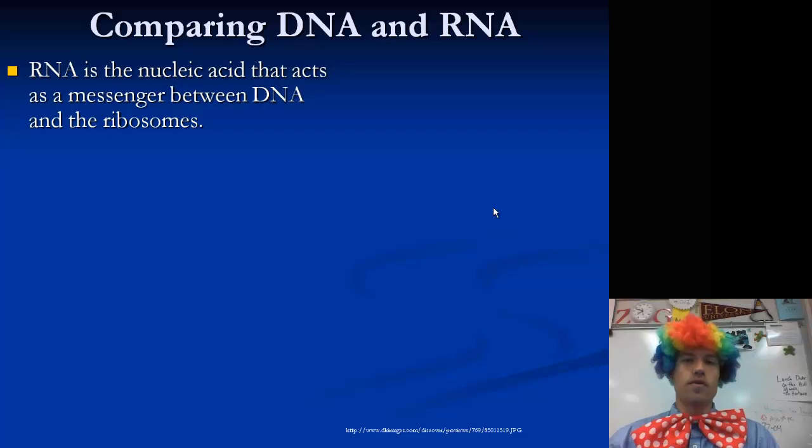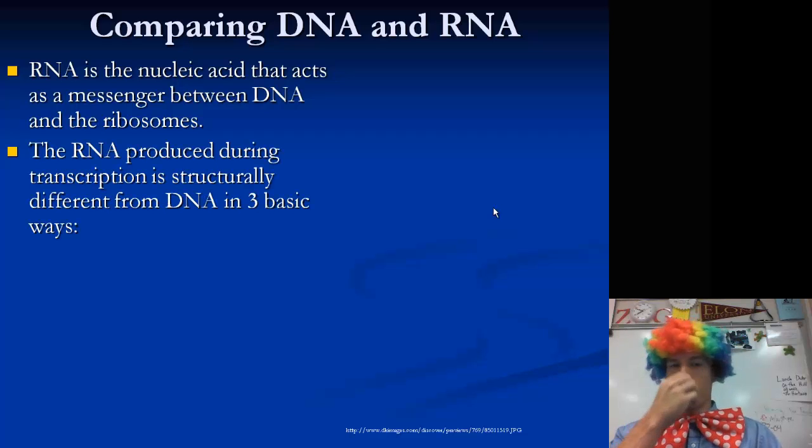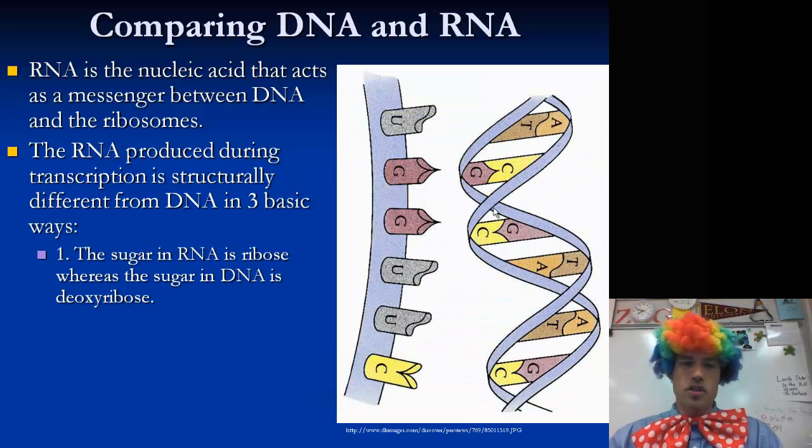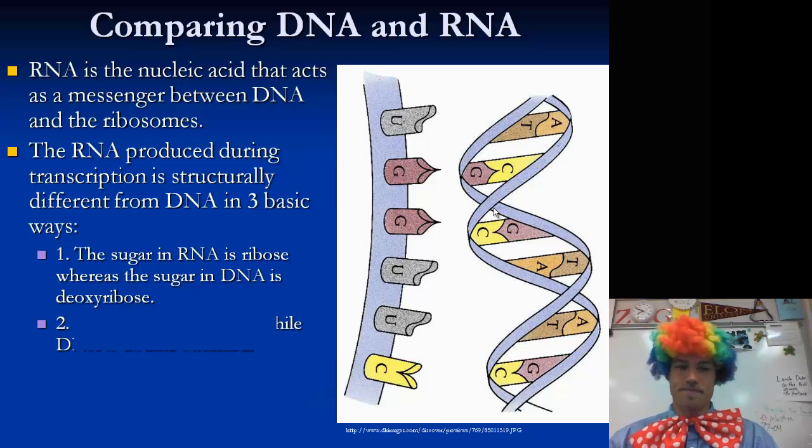So let's talk about the differences between DNA and RNA. RNA is a nucleic acid, so it's still made of nucleotides, and it's the messenger that takes the message from DNA to the ribosomes. The RNA produced during transcription is structurally different from DNA in three ways. First of all, the sugar in RNA is ribose, and the sugar in DNA is deoxyribose.